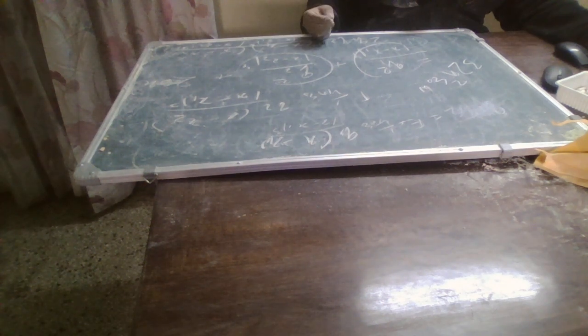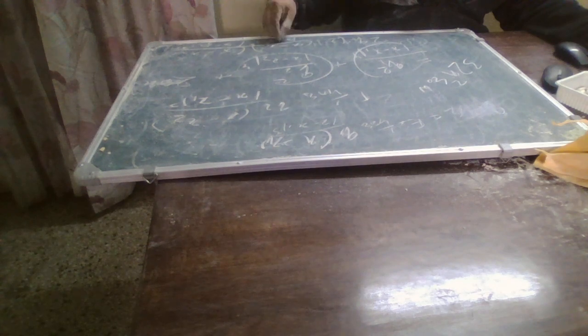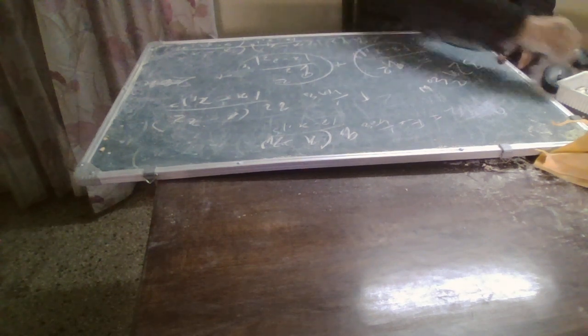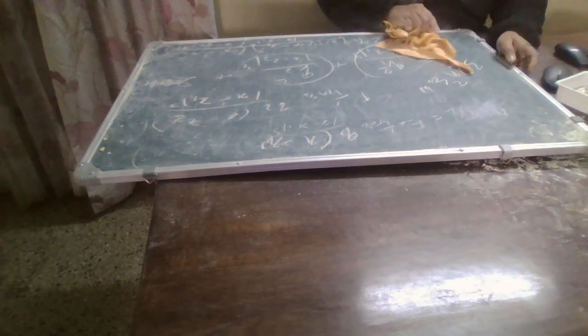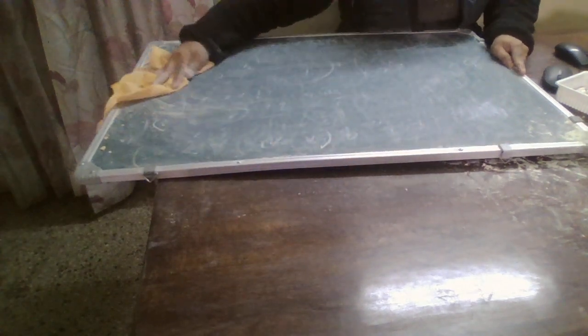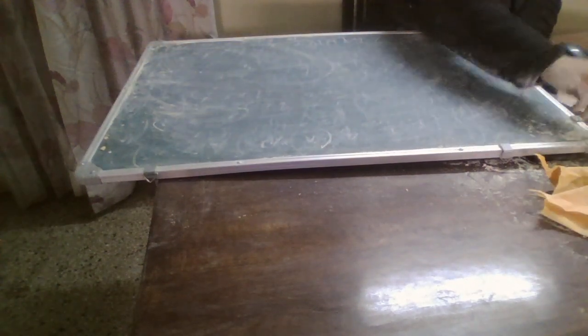To show this, we integrate over all space, and we get W equal to Q1 Q2 by 16 pi square epsilon naught into this integral, consisting of both x1 and x2.